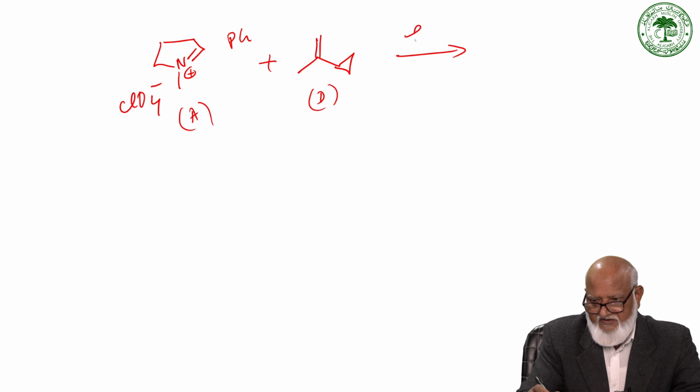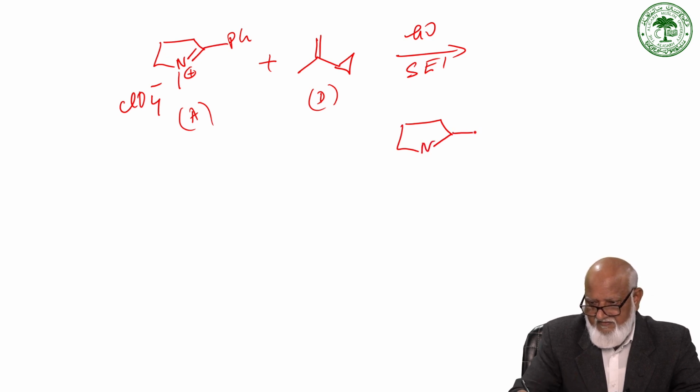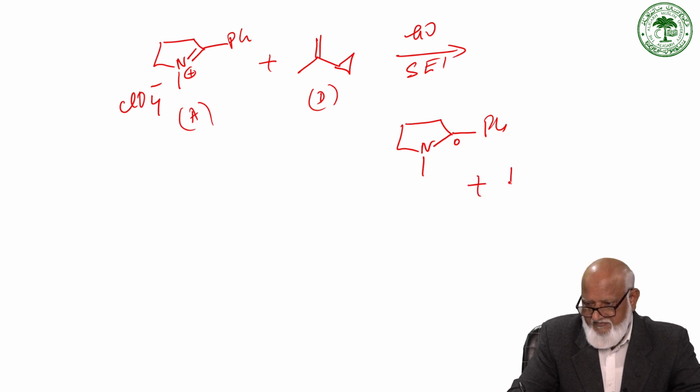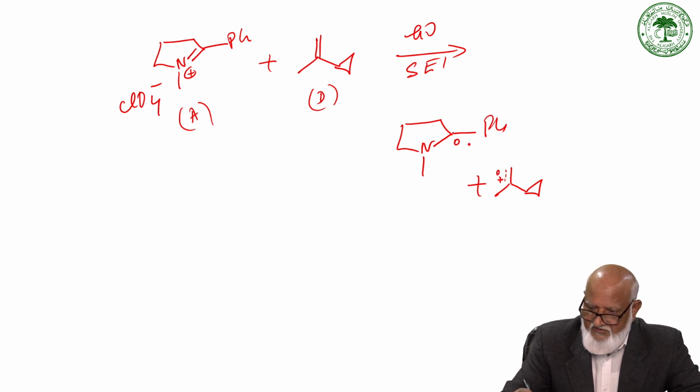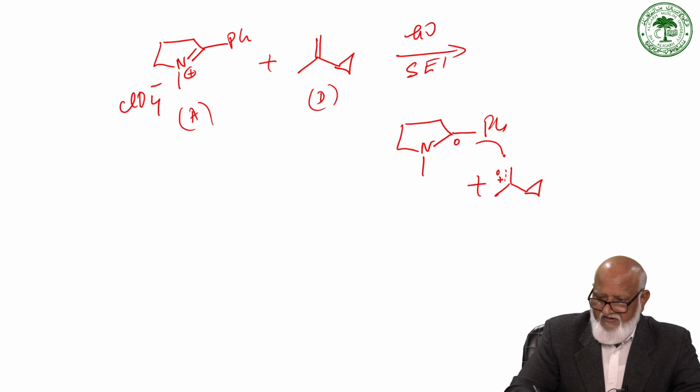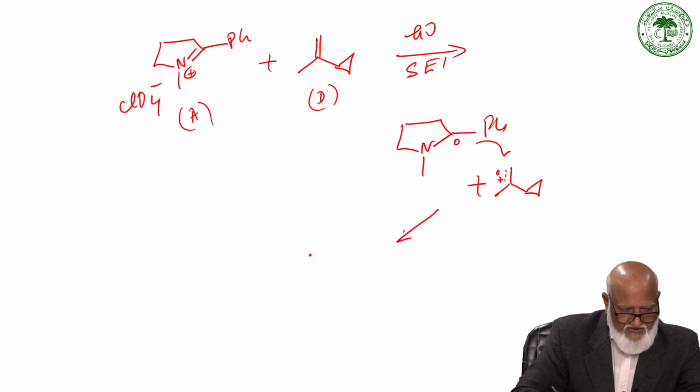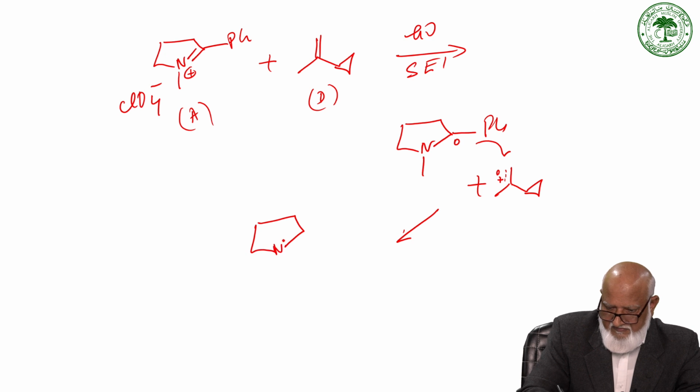In the presence of light, single electron transfer generates a carbon-centered radical plus a radical cation, and this radical cation might add by radical coupling, giving rise to a product like this, Ph.